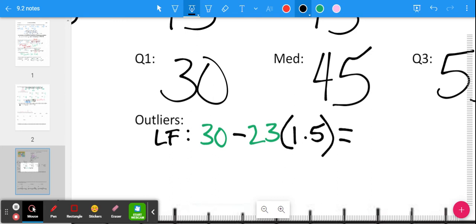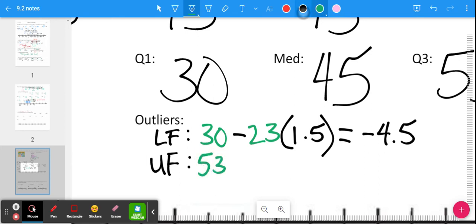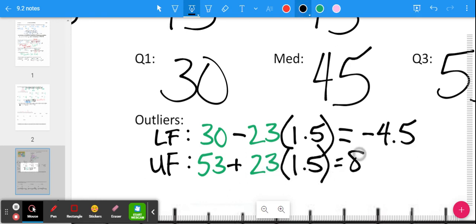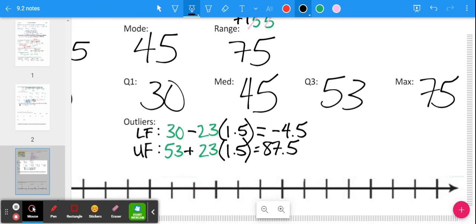Plug that into a calculator and you get negative 4.5. And then your upper fence is your Q3, which is 53, plus your IQR times 1.5, which gives you 87.5. So because there's no numbers lower than the lower fence or higher than the upper fence, there are no outliers.